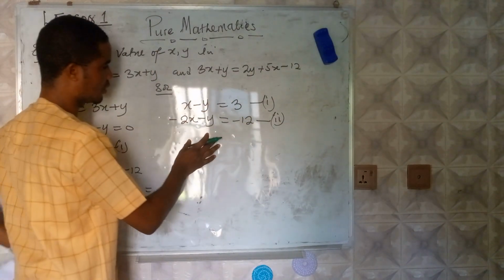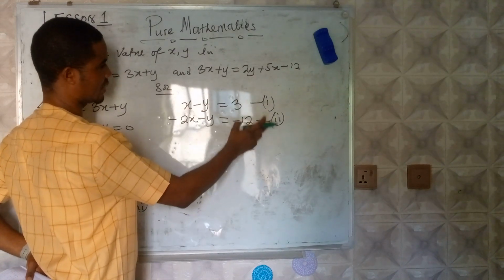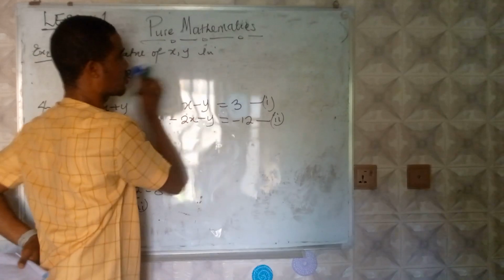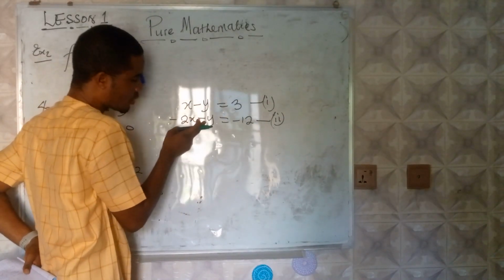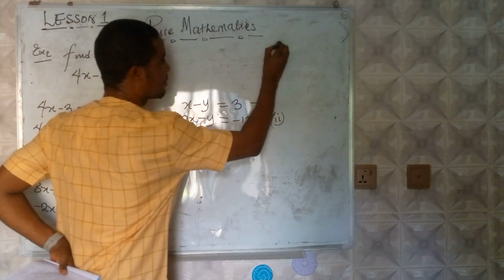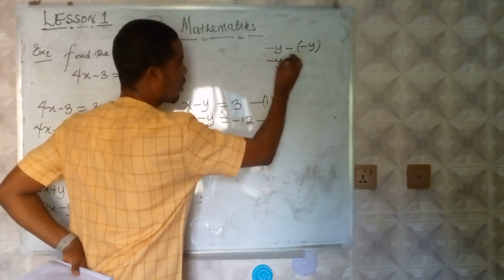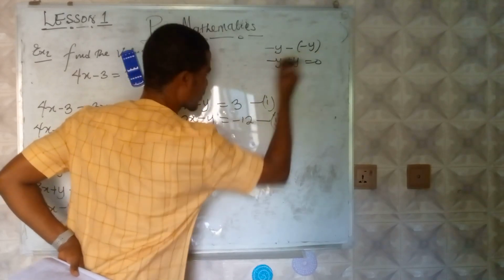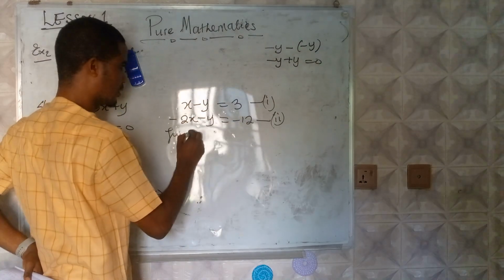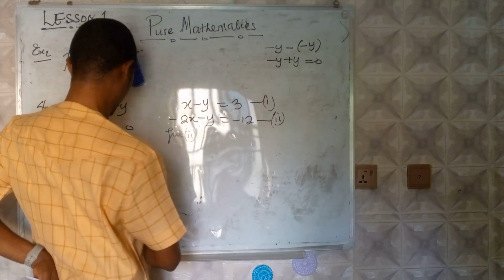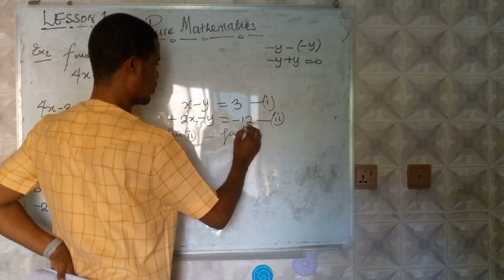So what I'm going to do now is equation 2 minus equation 1. I will test if that will work. If I say equation 2 minus equation 1, that means I'm going to say minus y minus minus y, minus y plus y, which equals 0. It will work. So I'm going to be having equation 2 minus equation 1.